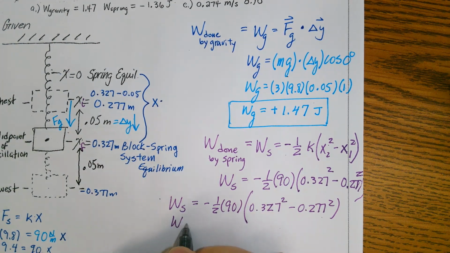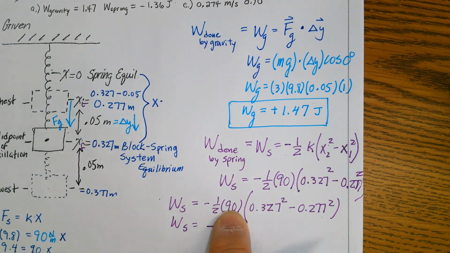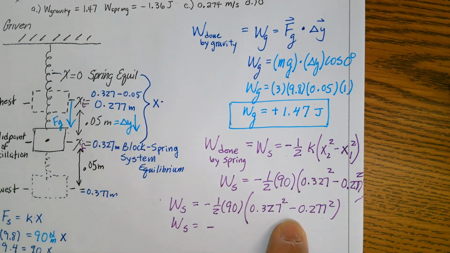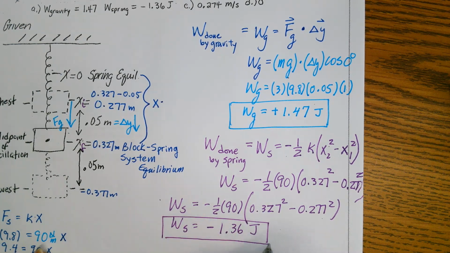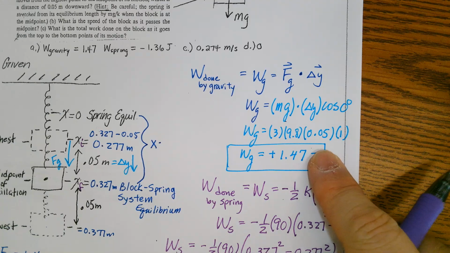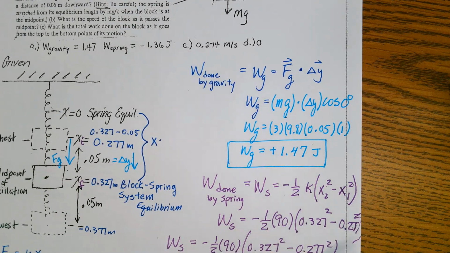So work done by spring comes out to negative 45, and then this squared minus that squared. When you multiply them all together, again, negative 1.36 joules of how much work is being done by the spring. Notice it's not exactly the whole thing as the work done by gravity.